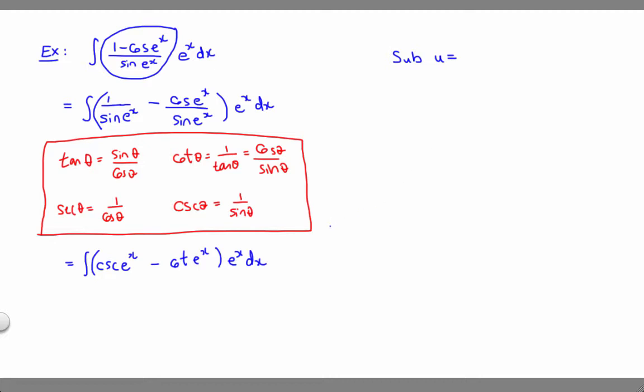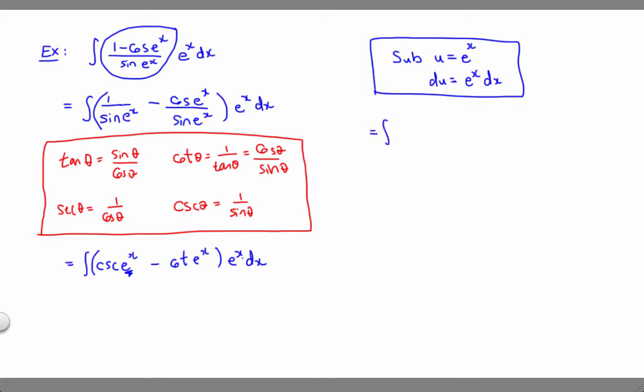So typically for these trig integrals, we're substituting u equal the angle. In this case, that would be the e to the x that is sitting inside these trig functions. Okay, so if u is equal to e to the x, then du is e to the x dx. And with that, we should be able to rewrite our integral in a much friendlier way.